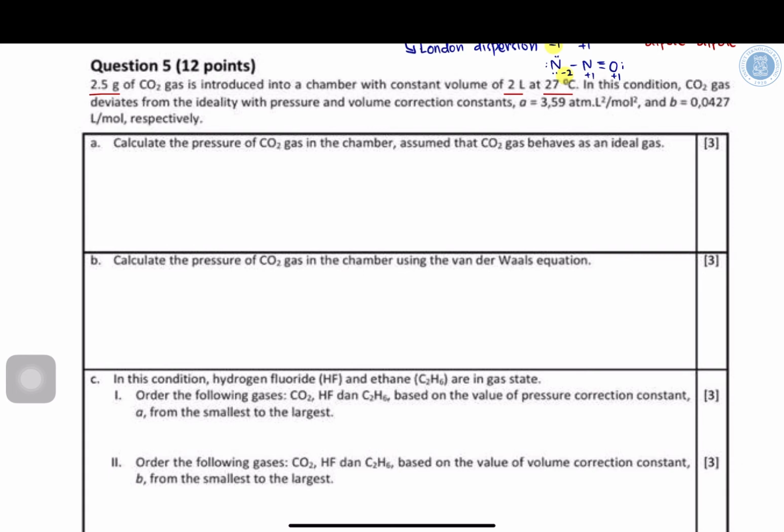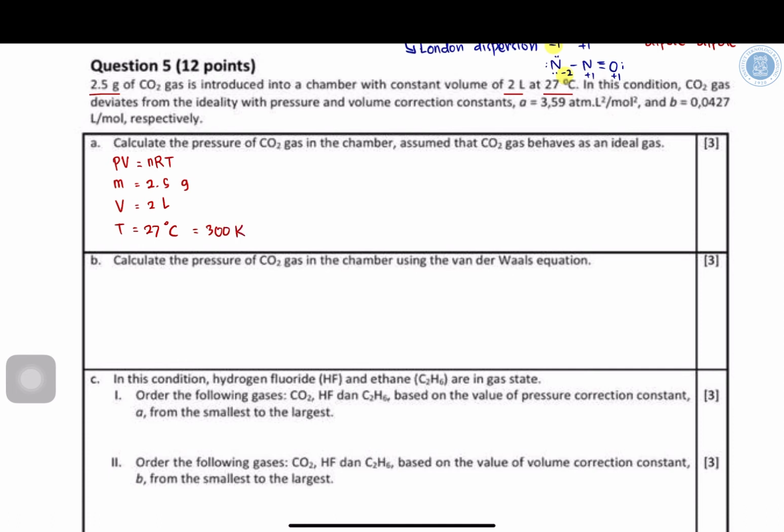So for question A, we are going to use the ideal gas law. We can use the formula PV equals nRT. From the data, we know that the mass of the CO2 is 2.5 gram, the volume, which is constant, is 2 liter, and the temperature is 27 degrees Celsius, which equals 300 Kelvin.